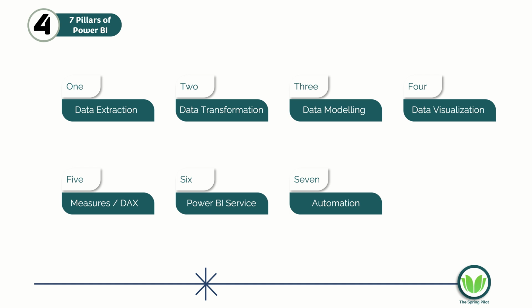Then we talk about Power BI service. We have the desktop version, which is with you, and the online version is the Power BI service, where you can also do a lot of other things. You can create a dashboard. A dashboard is different from a report in Power BI.